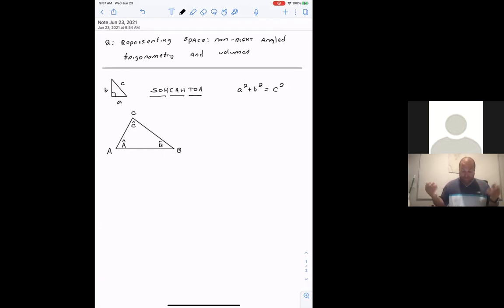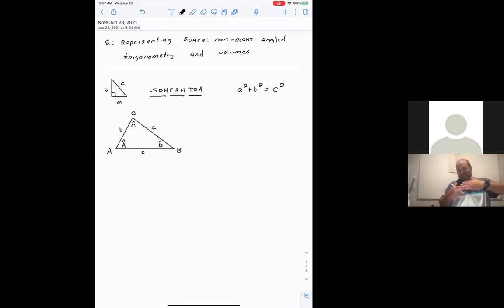So I make a distinction between the angle and the side by using lowercase letters for the side. You'll notice that lowercase a, side A, has to be opposite angle A, and lowercase b, side B, has to be opposite angle B, and lowercase c has to be opposite angle C. Of course, an upper C and a lower C look the same.